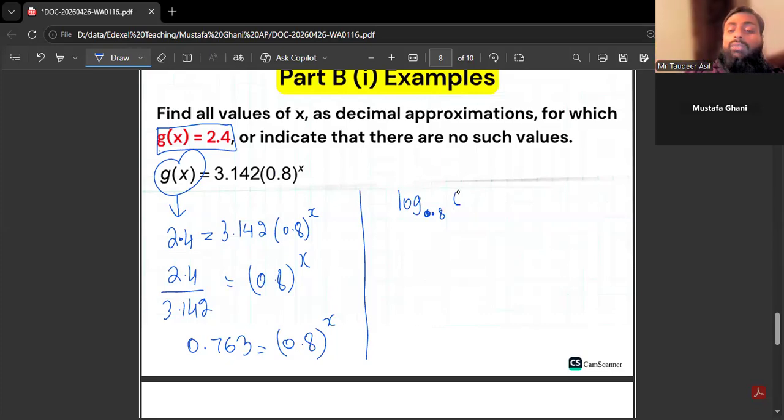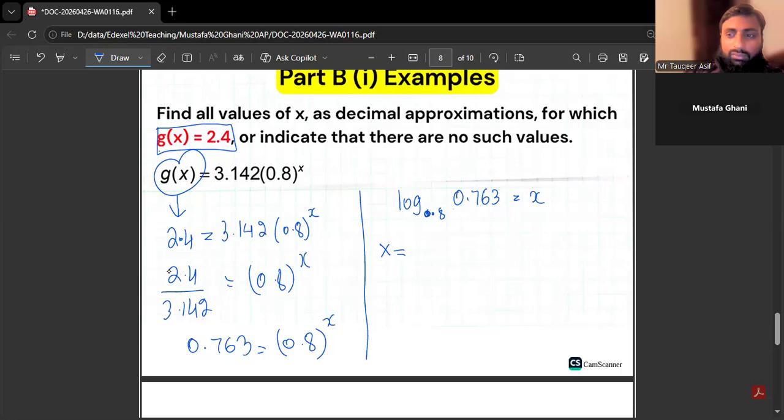The value becomes the argument, and the power becomes the value, which is 0.763. Now, sir, can I plug this into my calculator? Obviously you need to use a calculator.